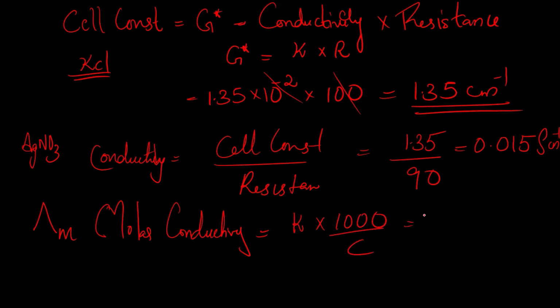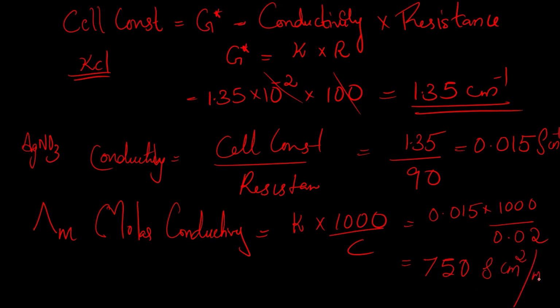K we already got as 0.015, times 1000, and its concentration is given as 0.02. So what will be the answer? By calculating you will be getting 750 S centimeter square per mol.